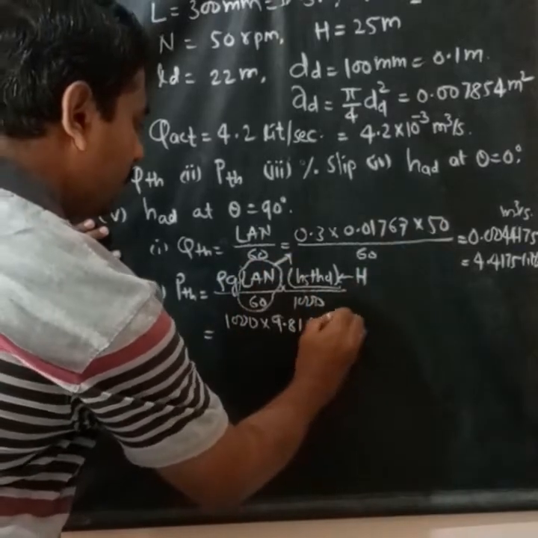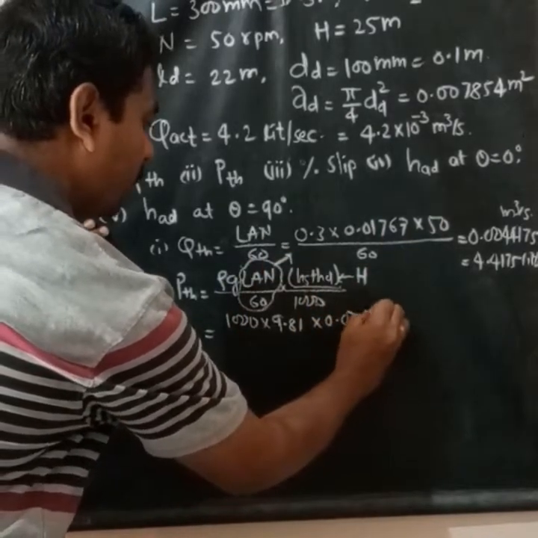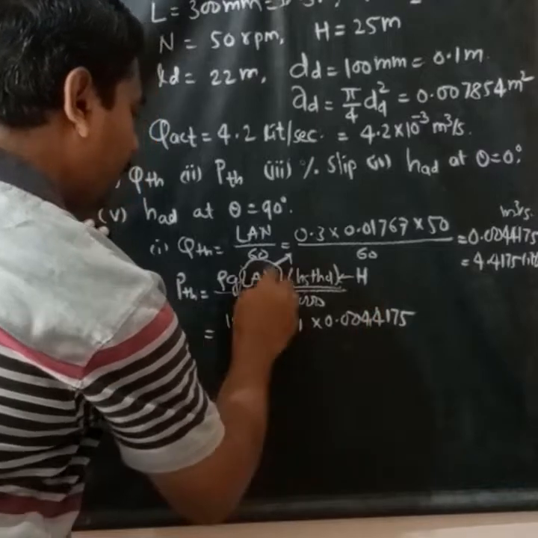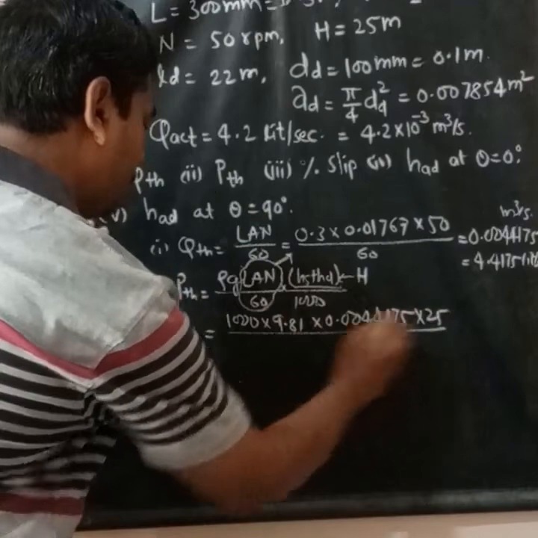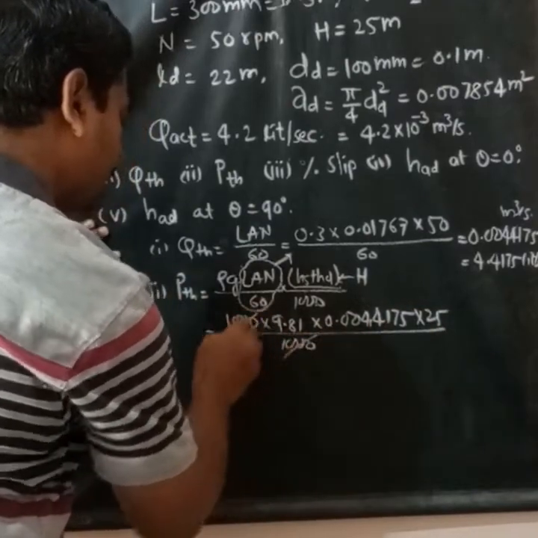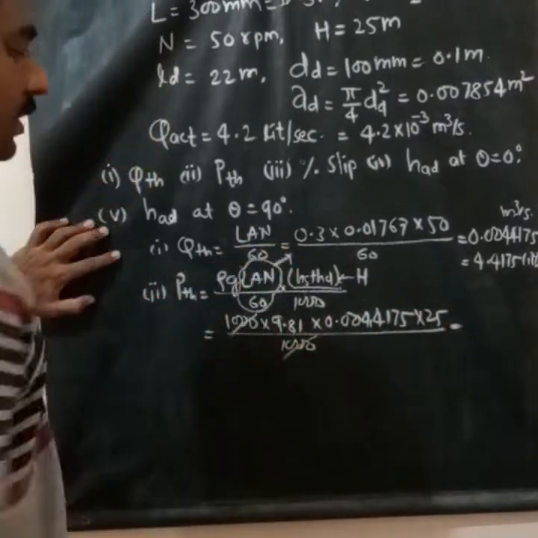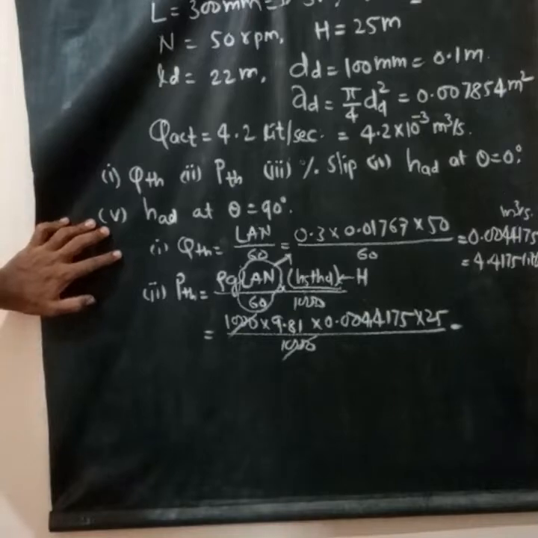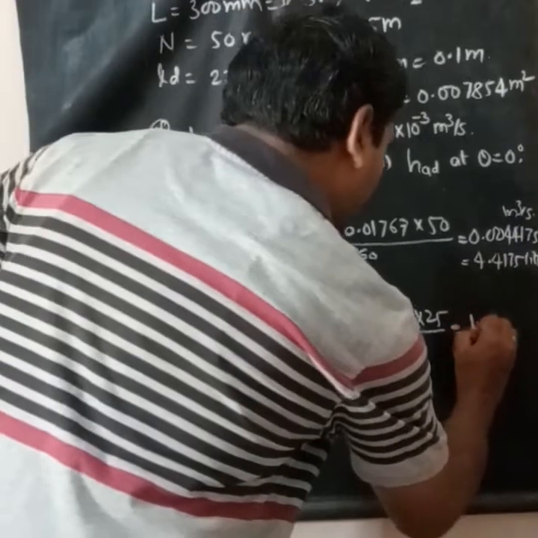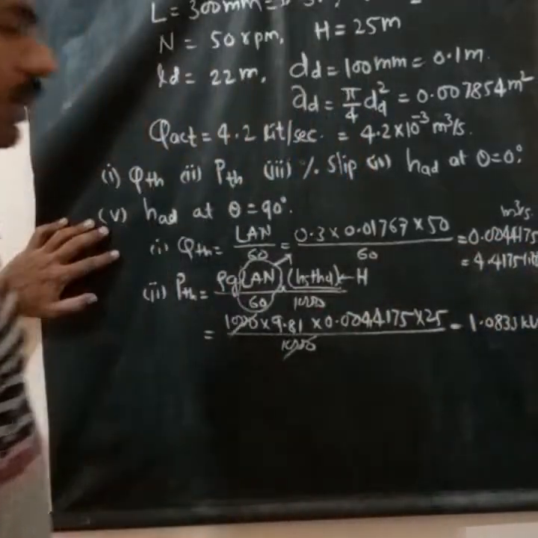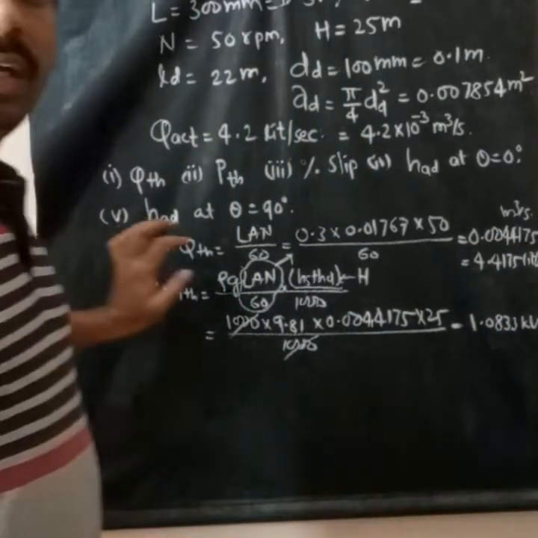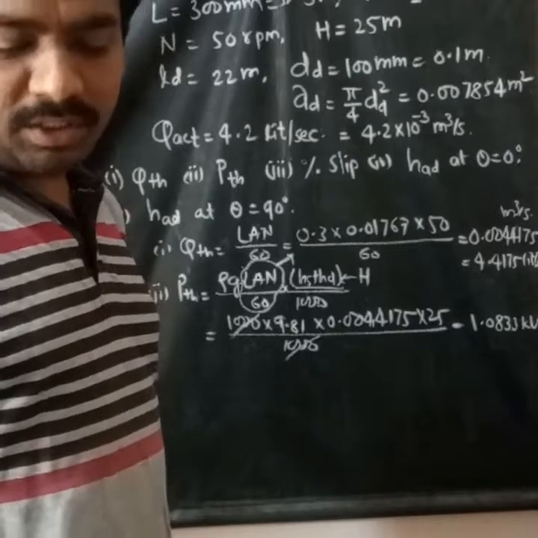We will have 0.0044175 multiplied by 25, which is representing the H, divided by 1000. The 1000 gets cancelled. After calculating this value, we will get 1.0833 kilowatt. This is the PTH.